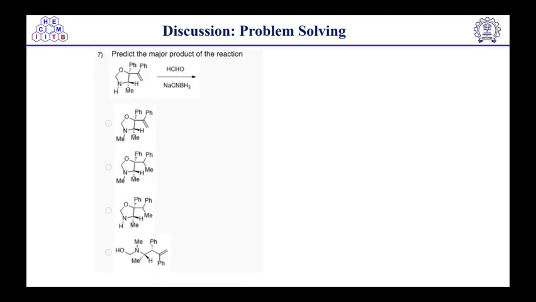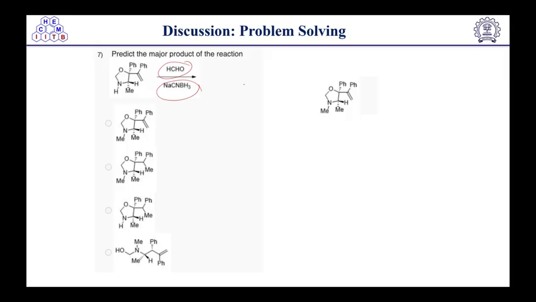Okay, next one, predict the major product of the reaction. Here again we have an aldehyde and a reduction reagent, which is sodium cyanoborohydride. Here we have the product, you have to solve it by yourself.